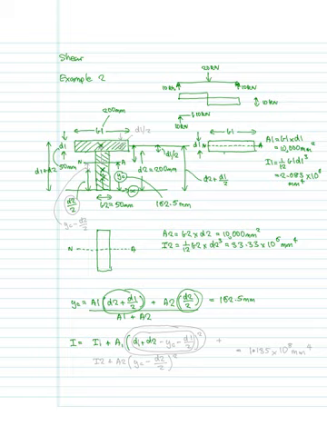Which is going to work out to be 250 millimeters, and then from there we will subtract YC, and then from there we are going to subtract half the depth, which would be that distance there, which would be D1 over 2.